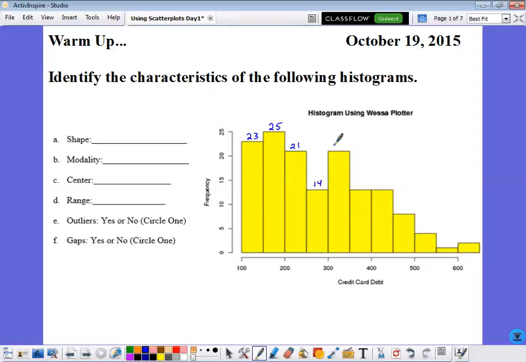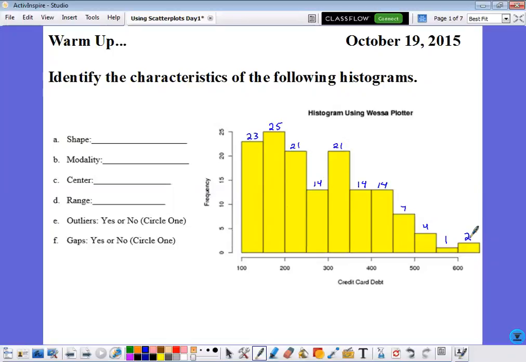This is the same height as that, so 21. Both of these would be the same as that 14. This one coming over, maybe about 7. This one, based off of what I have, a little bit less than 5, probably 4. This one I'm going to call 1, and I'm going to call this 2.